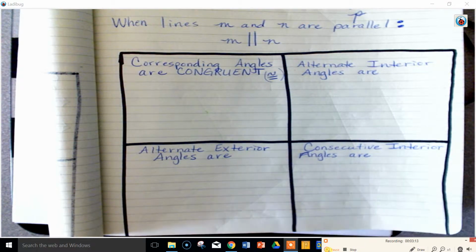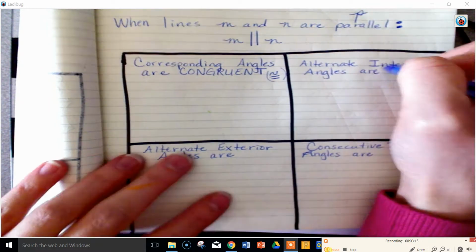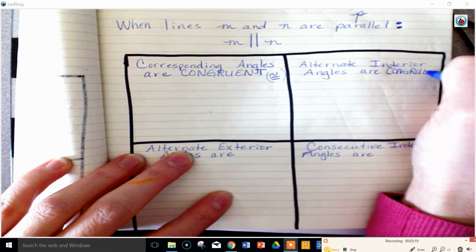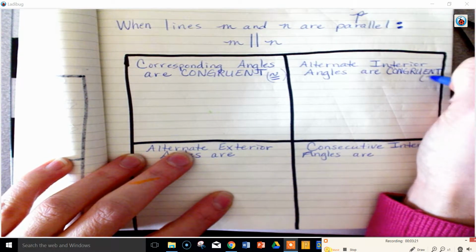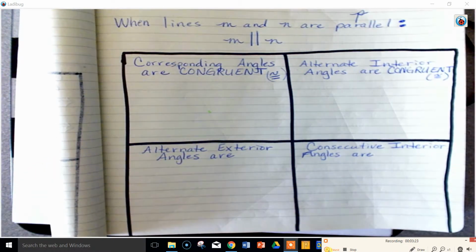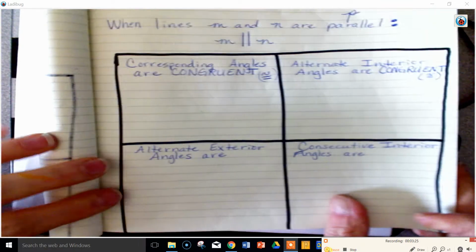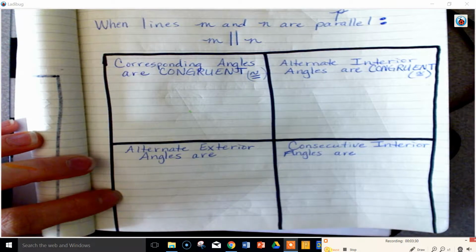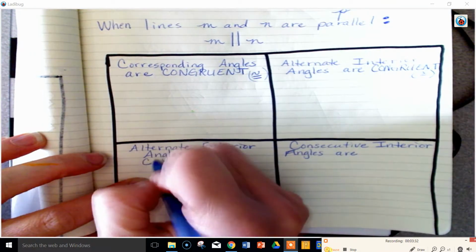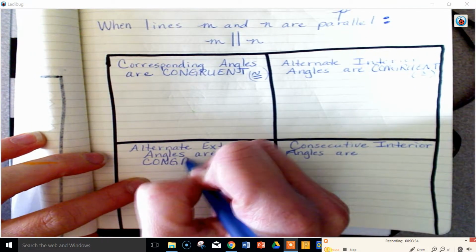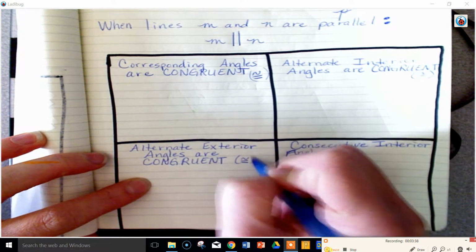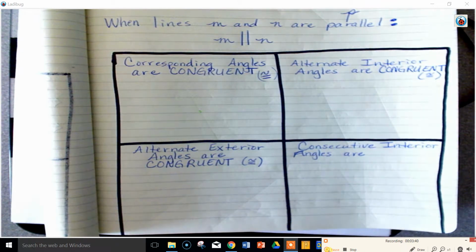Your alternate interior angles are also going to be congruent. You might just use that congruent symbol there. Your alternate exterior angles are going to be congruent. You can just use that congruent symbol there.